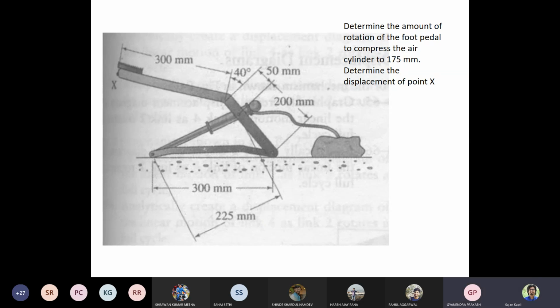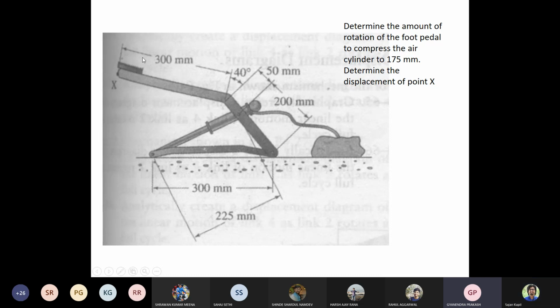Sir, I have a question. Yeah, please. What is the meaning of compressing the air cylinder to 175 millimeter? I couldn't understand it. Read it again. Determine the amount of rotation of the foot pedal. What is the foot pedal according to you in this?